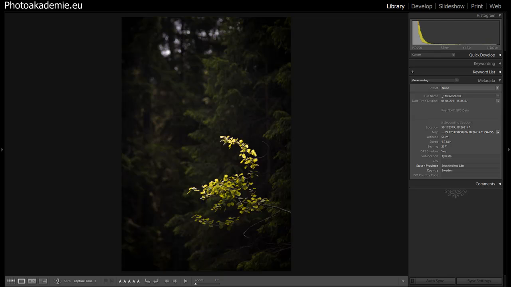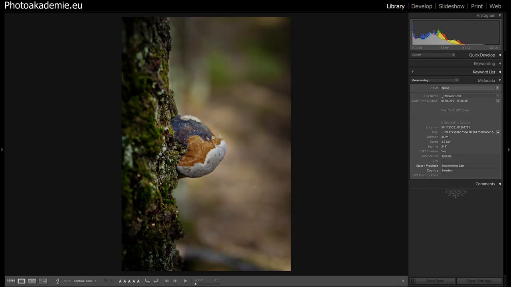There's no zoom ring on it, so you only have this 85, and of course this was the only lens I had with me on this hike. It's a limitation, and it's an assignment. You can also go out with a 50mm or with a macro lens or something like that. Give yourself an assignment of what you have to do during the whole day.